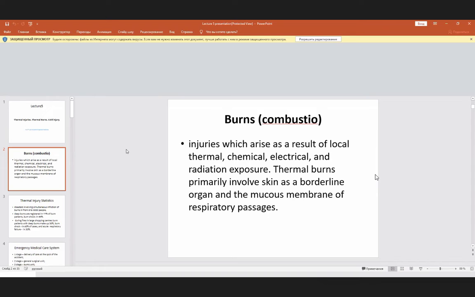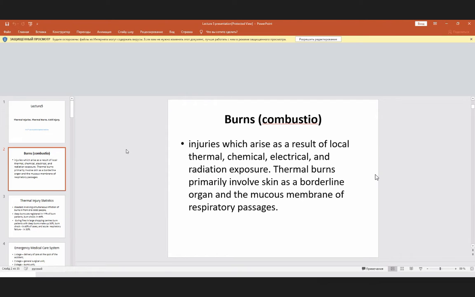One stage, delivery of care at the spot of the accident. Two-stage, general surgical unit. Three-stage, burn unit. Four-stage, burn center. Each stage has to achieve definite goals and provide definite medical service.